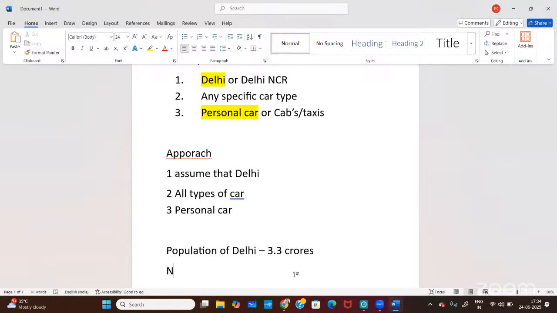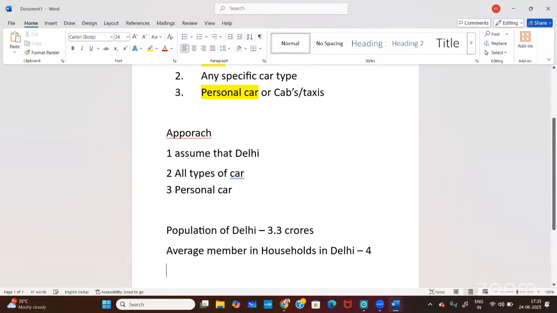Let us assume that on an average, the number of members in a household in Delhi is four. There might be a mother, father, and two kids.